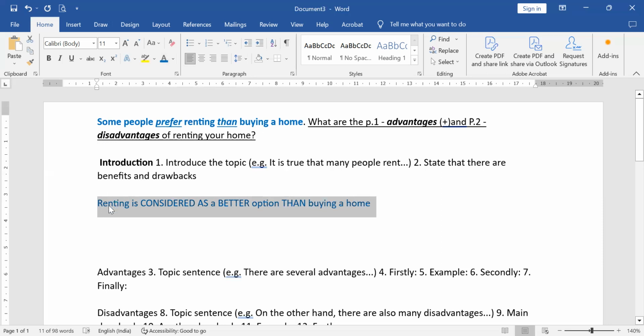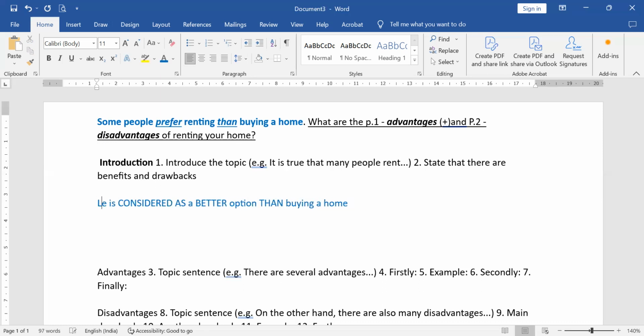Now let's change. Instead of renting, let's put leasing a property, or a home or a house. If you don't want to put property, it can be commercial. Leasing a house is considered a better option than buying. Why should I write buying a home? Buying one. I'm just referring to this one.